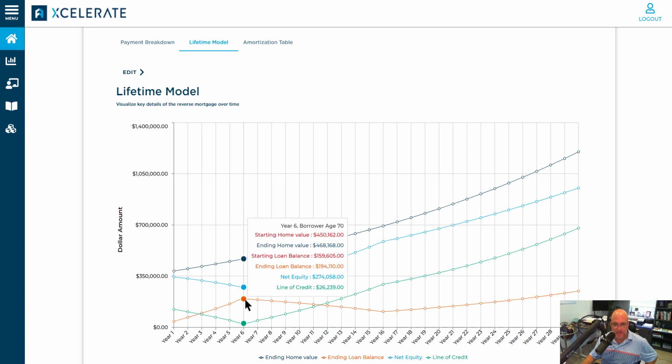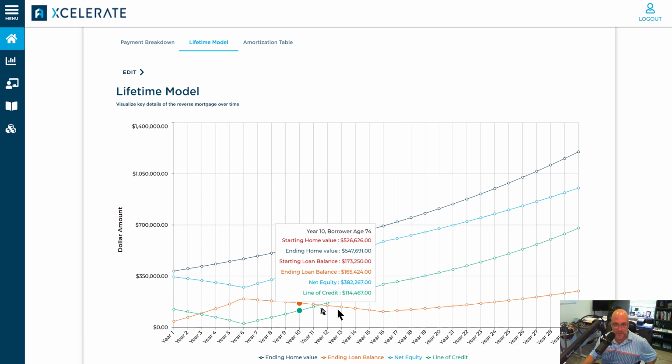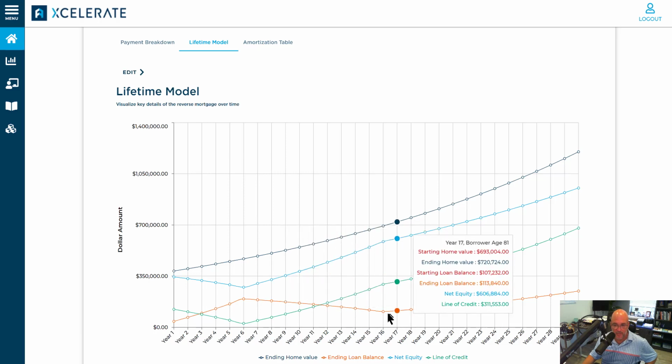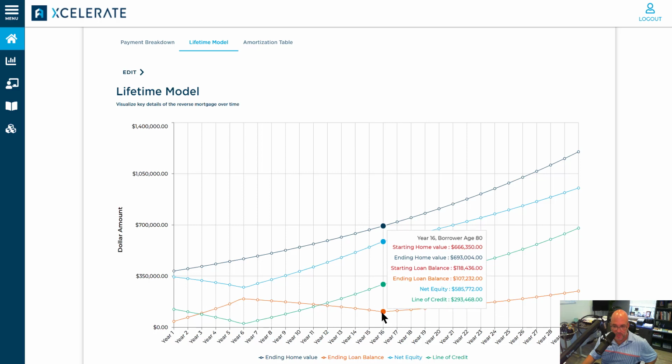And then she decided to make voluntary payments for 10 years. And all of these years, this loan balance is dropping. So 10 years later, her loan is now paid down to where she only owes $107,000 on a home that's worth $660,000. So of course, if she sold the house at this point, she'd walk away with $585,000.